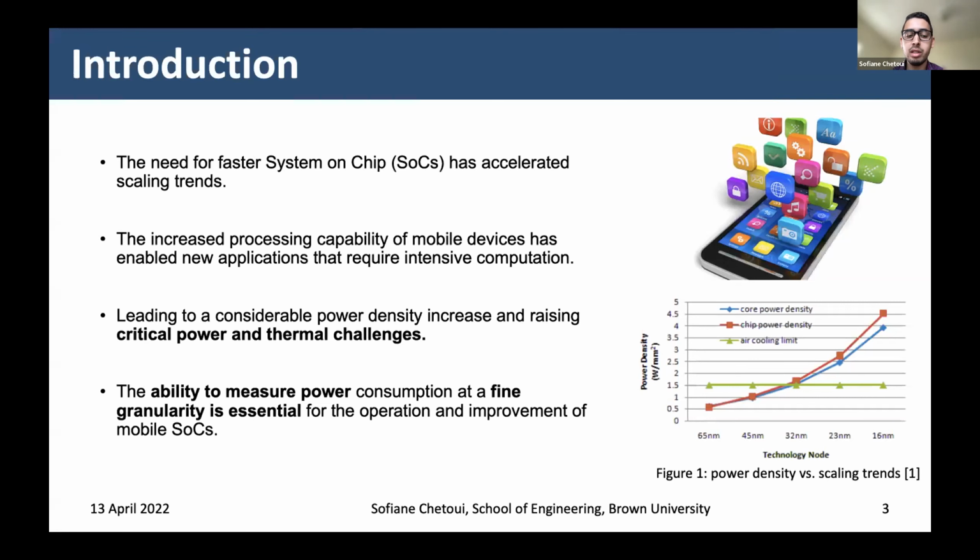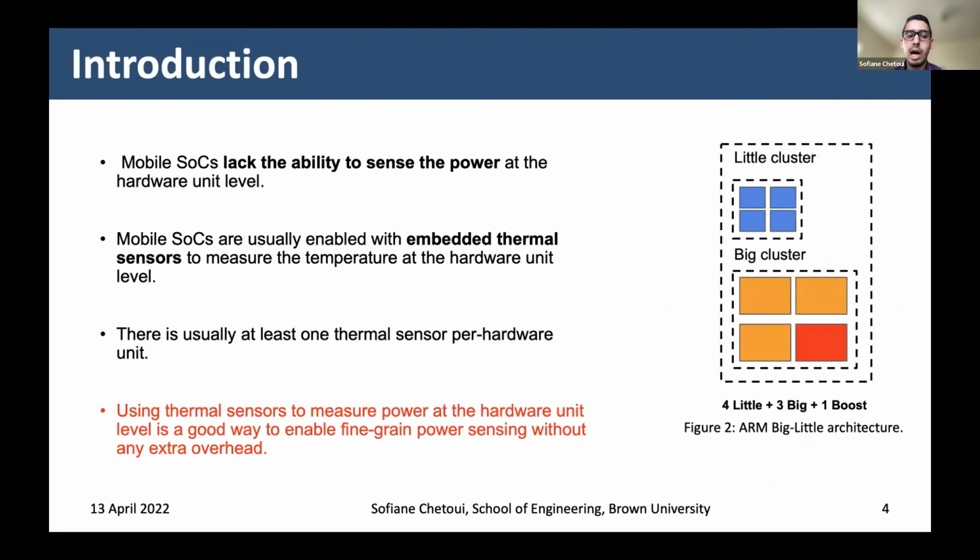The ability to measure power consumption at fine granularity, or at the hardware unit level, is essential for the operation and improvement of mobile SoCs. For instance, this could be used for power and thermal runtime management. However, mobile SoCs lack the ability to sense the power at the hardware unit level because of the power and area overhead that current sensors incur.